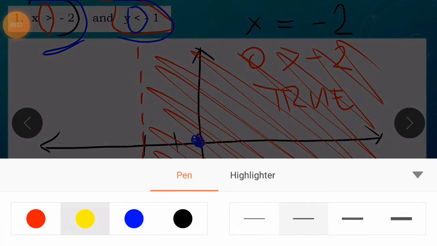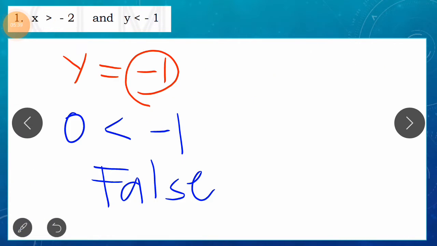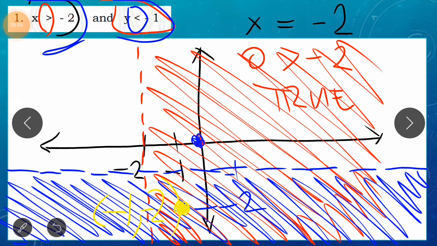Okay, so let's use yellow. So we can have this point here. The coordinate for this point is (-1, -2), right? So you have 1 point already, (-1, -2). It's on the double shaded part.